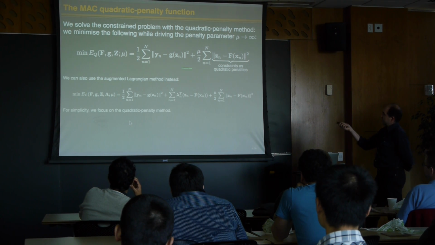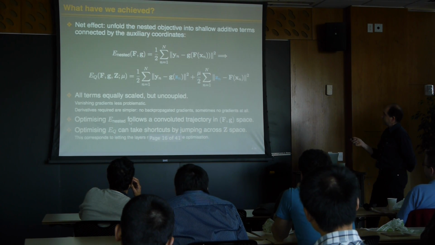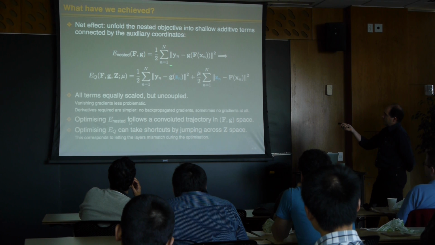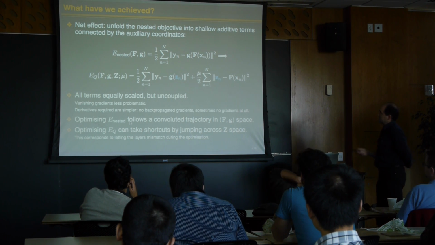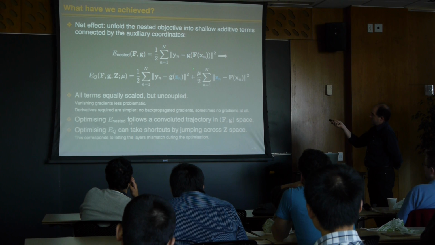Okay, then we have this function here, and what have we achieved by doing this problem transformation? We started with the nested problem here, and now we have this one here involving these extra parameters. And what has happened, basically, is that we have split the nesting of the function.